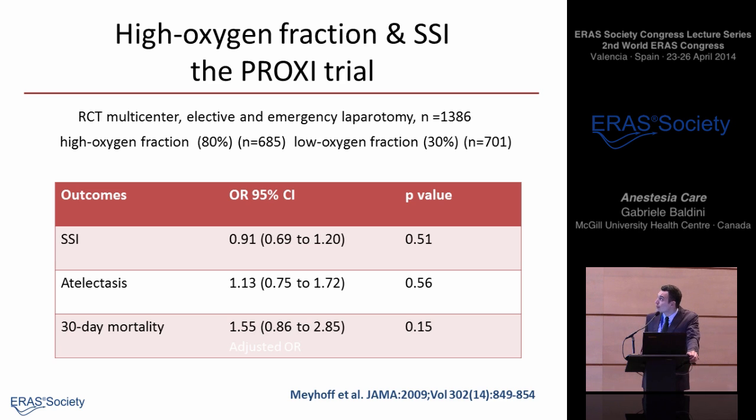So what's the ideal oxygen concentration we need to use? Early studies showed that higher oxygen concentration might reduce surgical site infection or reduce the risk of postoperative nausea and vomiting. However, recent studies and data coming from non-surgical populations, such as patients who are having a heart attack or angina, show that higher oxygen concentration can actually get worse outcomes.